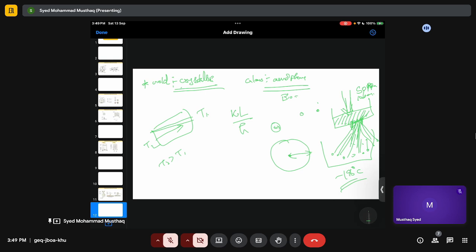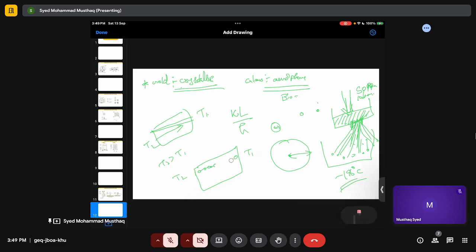Conduction is the oscillation of atoms. This is a steel material. If I am heating at T2, the atoms will start oscillating and transfer energy from here to here.